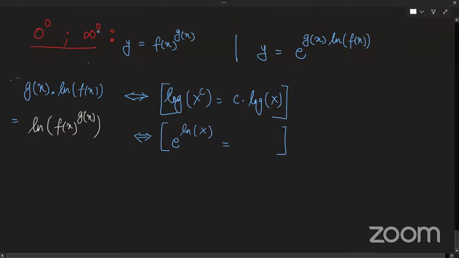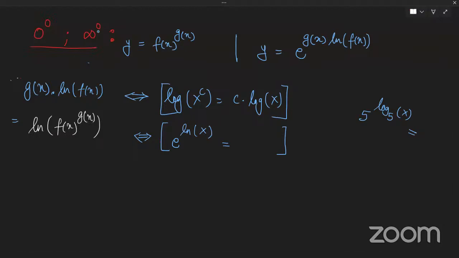Okay, so I'll just convert the question. 5 raised to log 5 of x, what is the value? Tell. No worries if you get it wrong. X, correct. It is x, right?